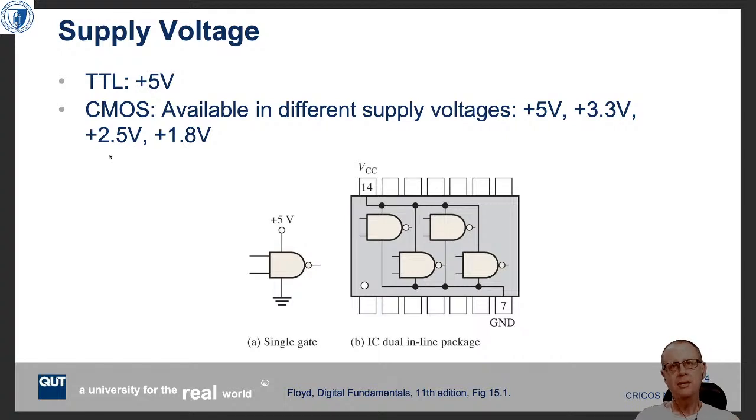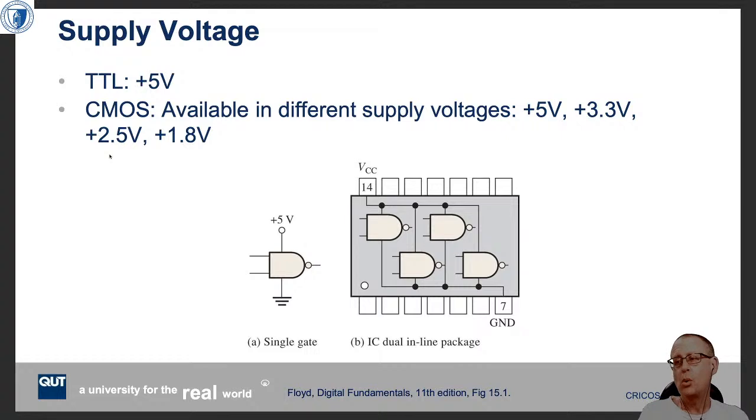Most newer devices are based on the CMOS technology, and I think we came up with that it's complementary metal oxide silicon, or semiconductor, as what the acronym stands for. And one of the nice things about CMOS devices is that they have different supply voltages: 5 volts, 3.3 volts, 2.5 volts, or 1.8 volts.